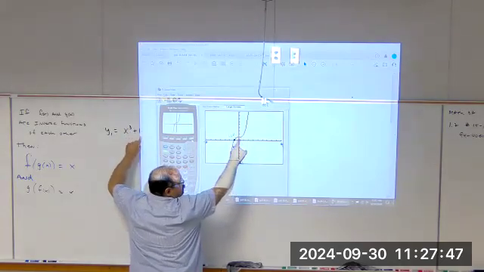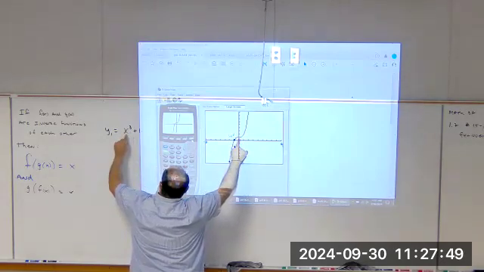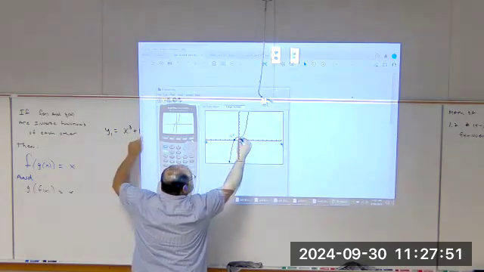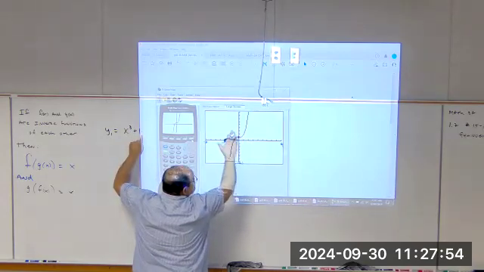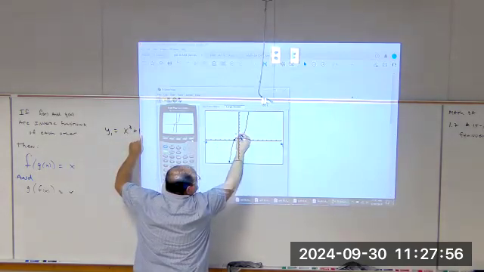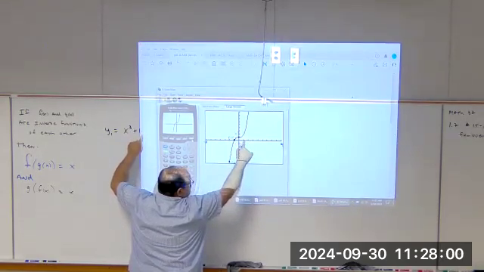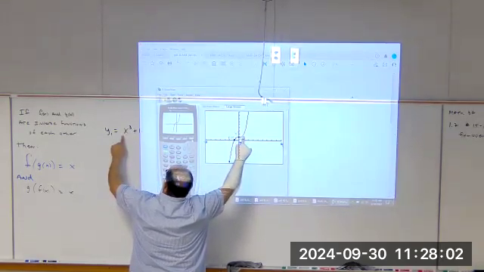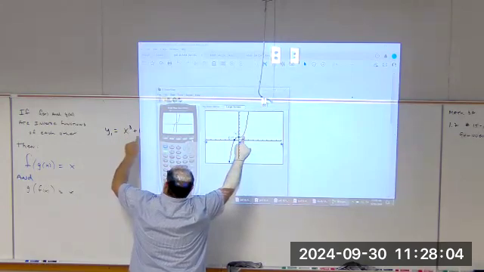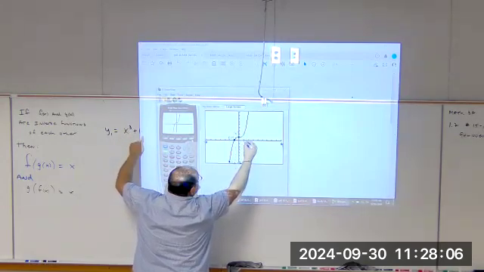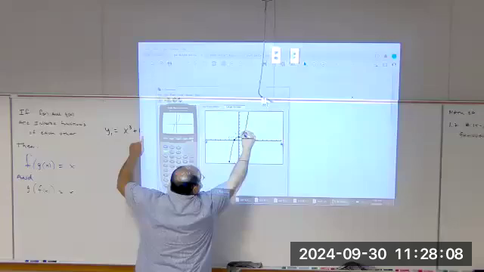Plug in 0. 0 to the third is 0. 0 plus 1, we're at 1. So 0, 1. Plug in 1. 1 to the third is 1. 1 times 1 times 1. And then plus 1. 1 plus 1 is 2. So when we plug in 1, we get 2.